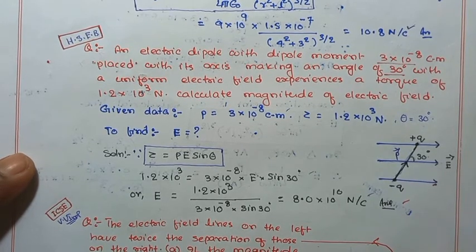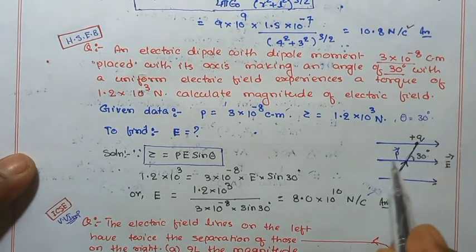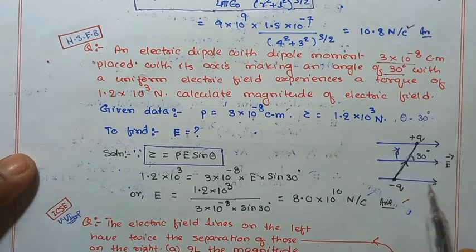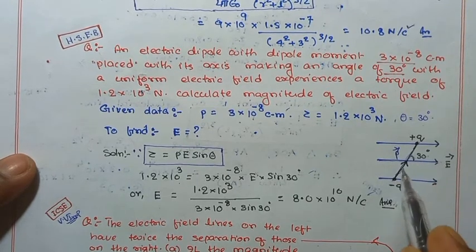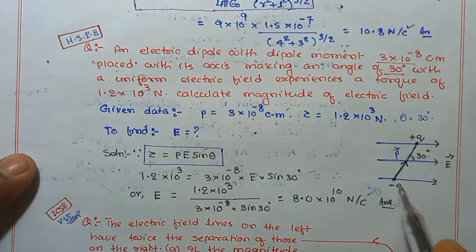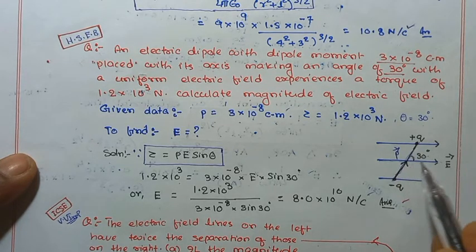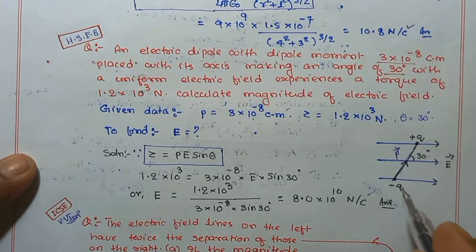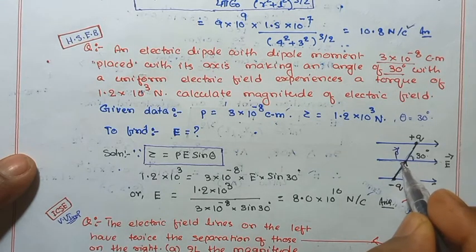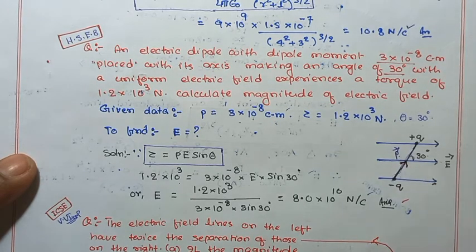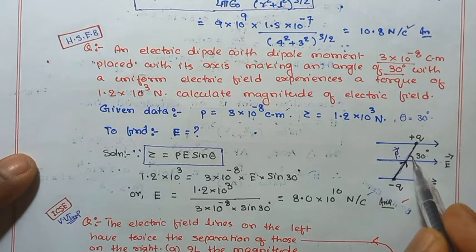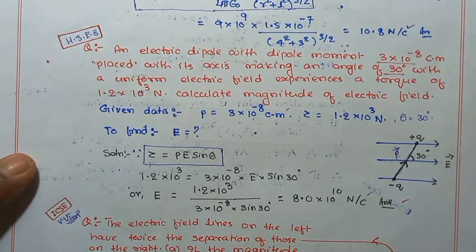So see here, this is the direction of the electric field. The electric dipole is placed here in this position. Electric dipole moment is always directed from negative charge to positive charge, so this is the direction of dipole moment P. This is making an angle 30 degree with the field.